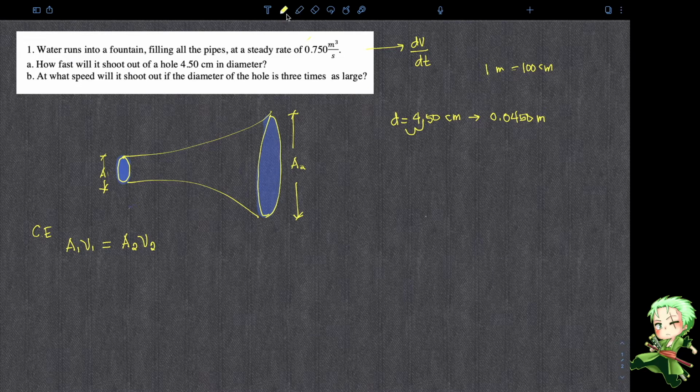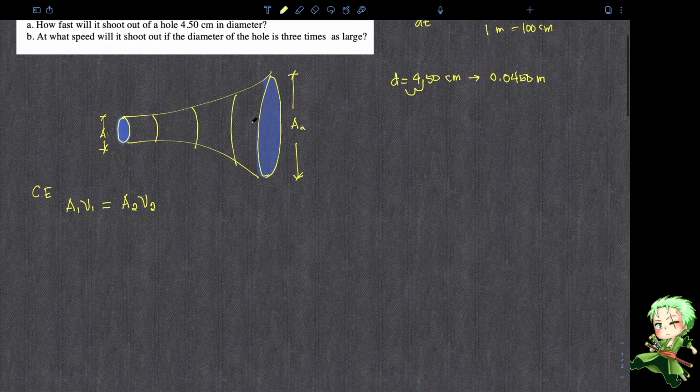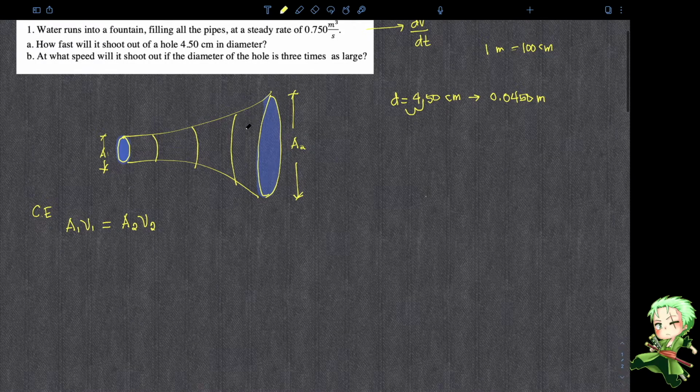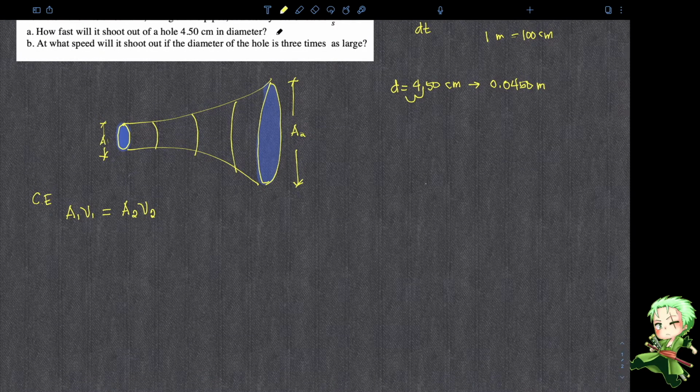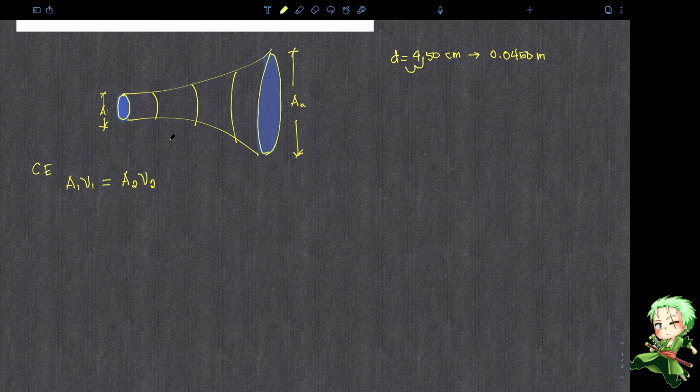Even if you consider another point here, it will have the same volume flow rate, or this portion here, they will really have the same volume flow rate because that is a consequence of our assumption that the fluid we are working with is incompressible. And we also know that these terms here are just referring to your volume flow rate.